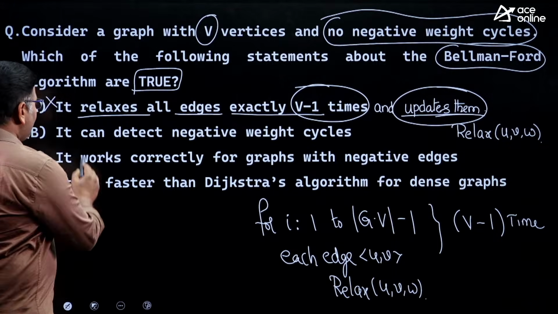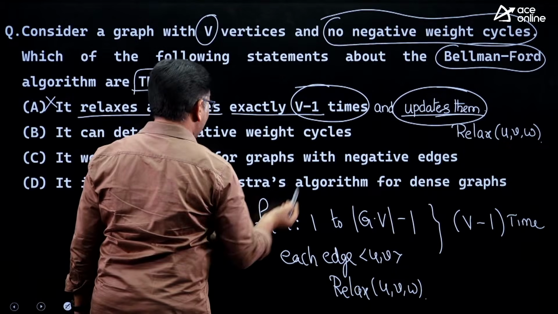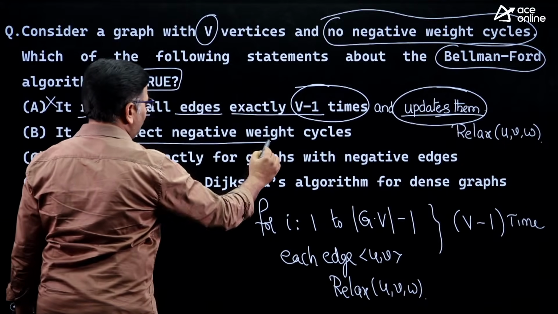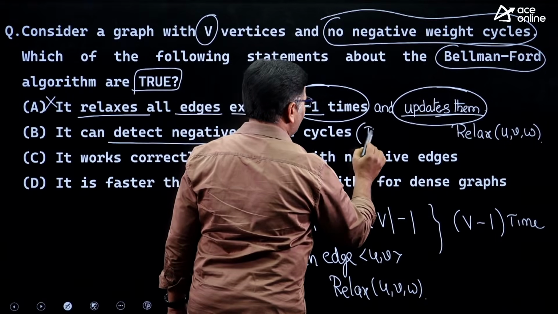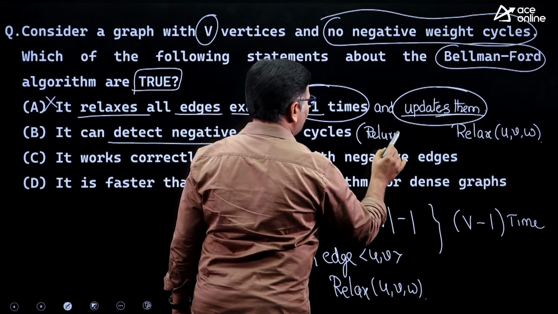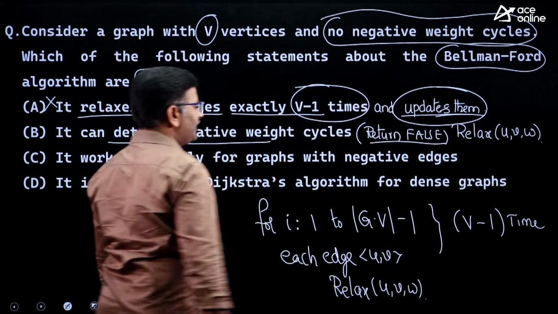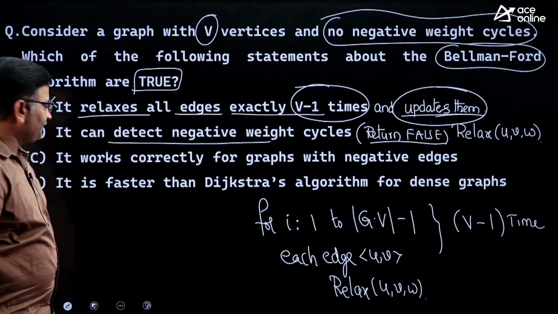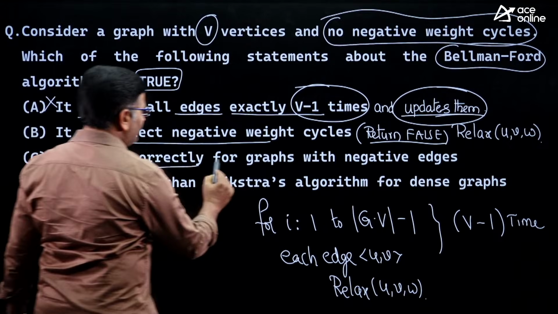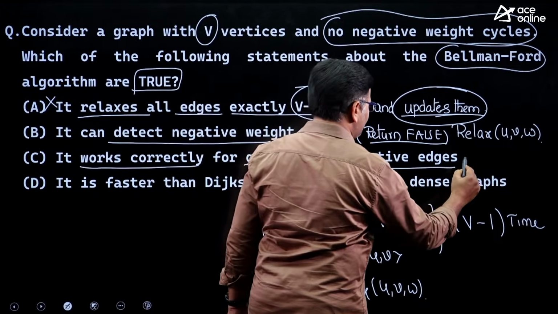Okay, it can detect negative weight cycle. Yes, Bellman-Ford algorithm always detects a negative weight cycle, and it returns false if one exists. Okay, if any negative weight cycle exists, it will return false. Next, it works correctly for graphs with negative edges.